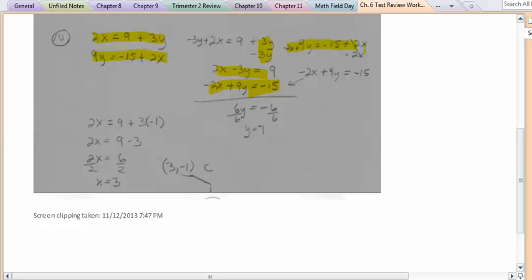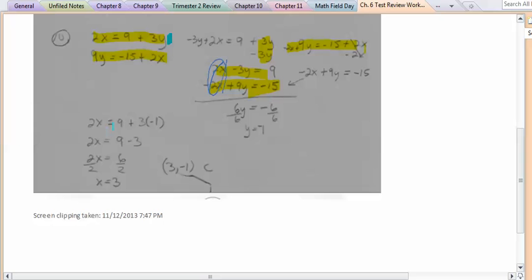Okay, did I eliminate the x's? And I did. That becomes a 0, right? It's gone. I added these down. I got 6y. I put these together. I got negative 6. Divide by 6. Divide by 6. I get y is equal to negative 1. I took that negative 1 and now I put it back in to this original equation.